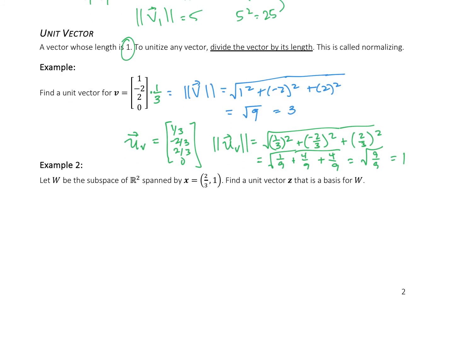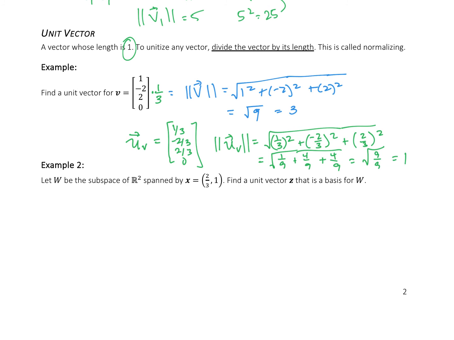All right, this next question, and this notation is a little bit different. So you'll notice that this vector here is not actually in our traditional vector form. Instead, it's listed as an ordered pair. All this means is that if we're going to translate this into vector form, this says that our x vector is just the vector 2/3, 1.